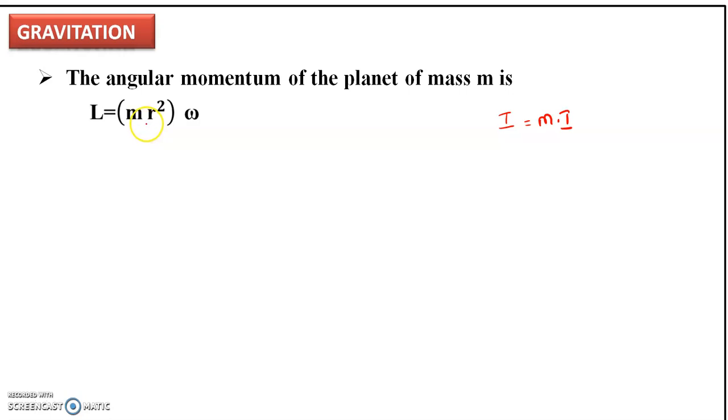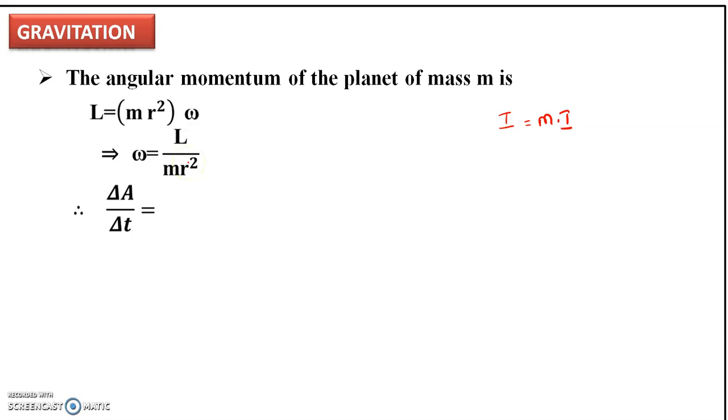L equal to m r square omega. From here, omega is equal to L by m r square.